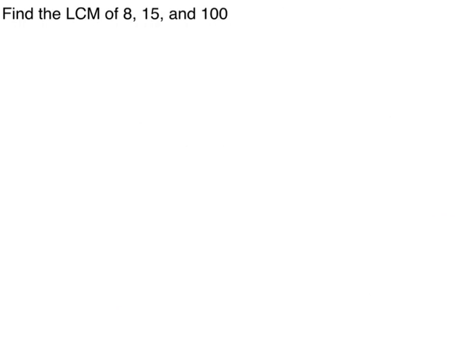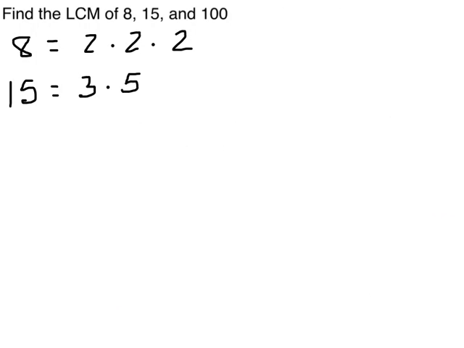Alright, so let's practice this. Let's find the LCM of 8, 15, and 100. If we do prime factorization of 8, we get 2 times 2 times 2. 15, we get 3 times 5.